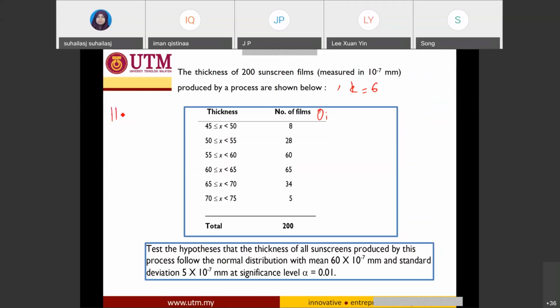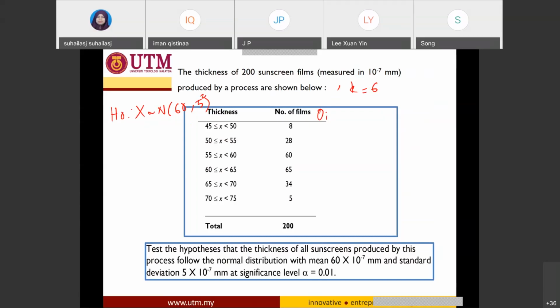So that means you have your null hypothesis: X does follow a normal distribution. You write your mean 60 and your standard deviation is 5. The 10 to the power minus 7 millimeter in the bracket is just a unit. So we deal with X normally distributed, mu 60, sigma squared, where the given is the standard deviation.